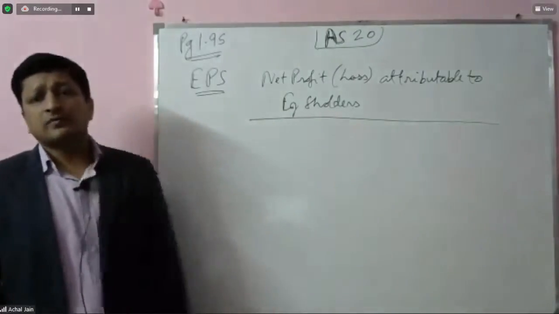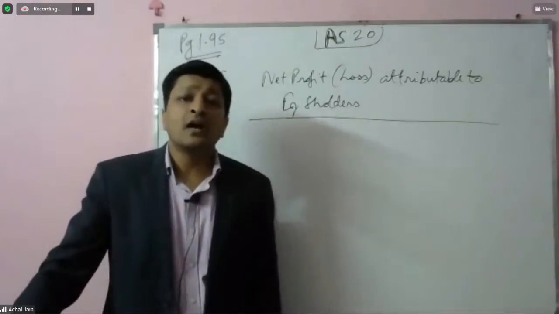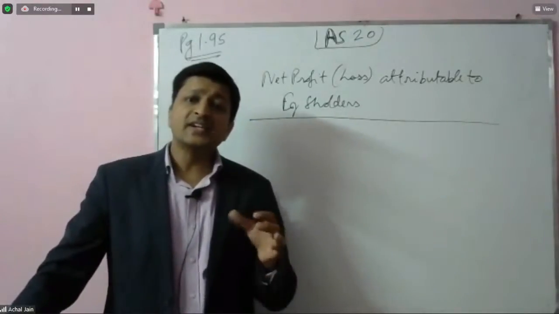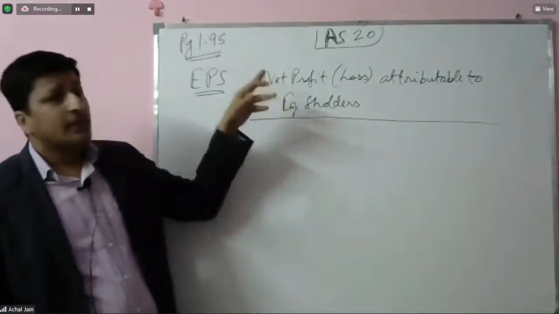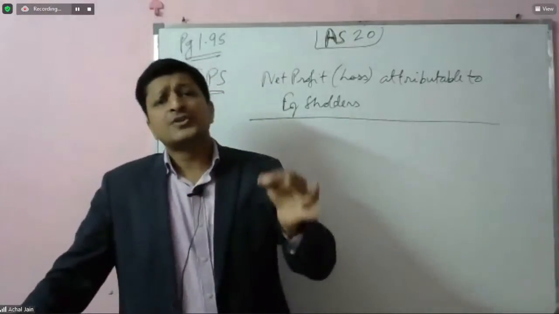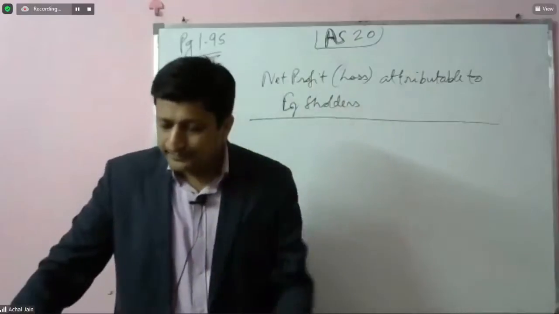They are not the owners of the company. The real owners of the company are the equity shareholders. So any adjustment which is required to reach net profit or loss attributable to equity shareholders is what will come over here.